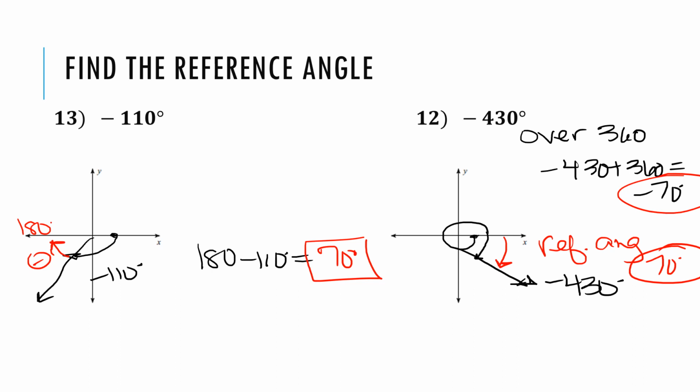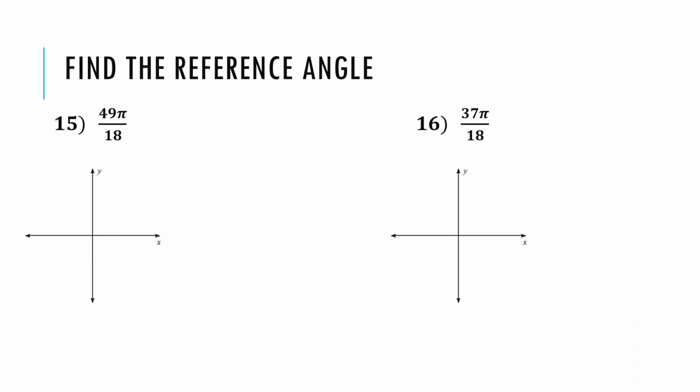Now our remaining examples are going to be in radians. So we're going to have common denominators in order to possibly do coterminals and figure out which angles we land in. These first two both have a denominator of 18. So I'm going to take pi over 2 and turn that into 9 pi over 18. And then I'm going to take pi and convert that to 18 pi over 18.